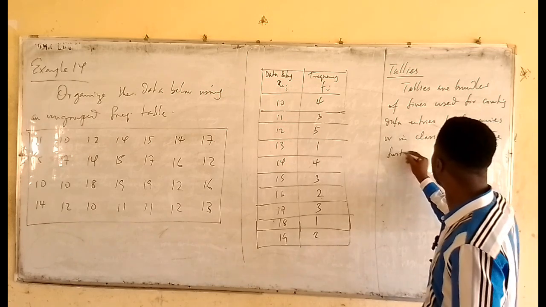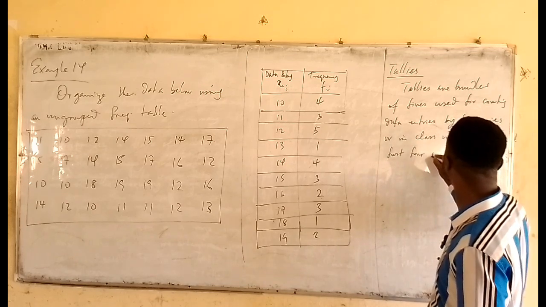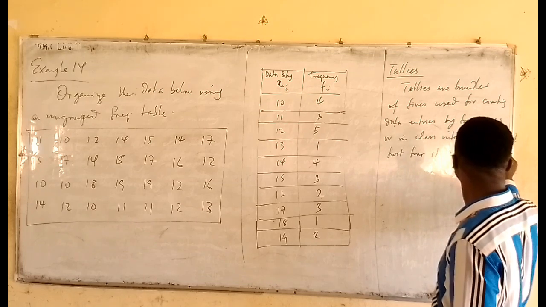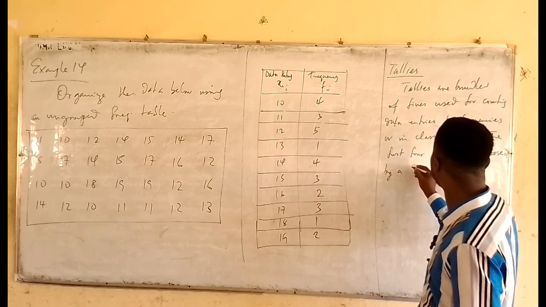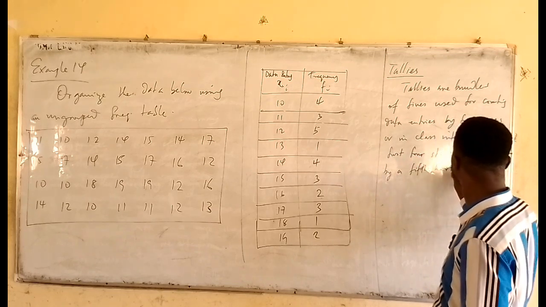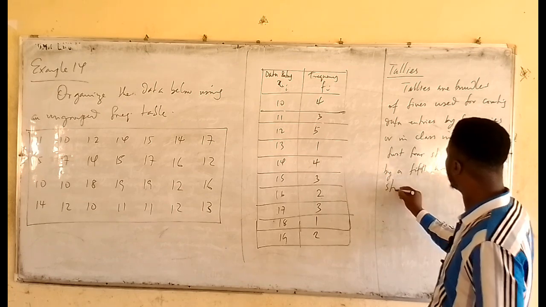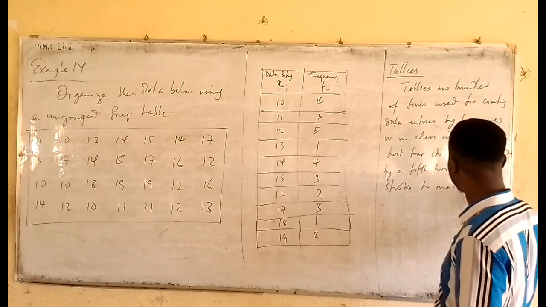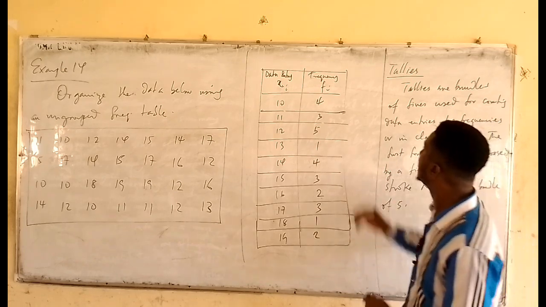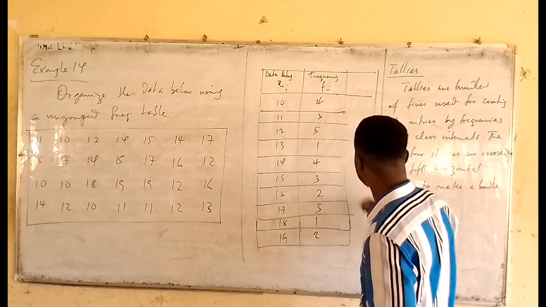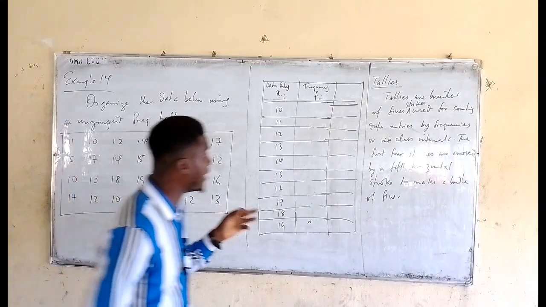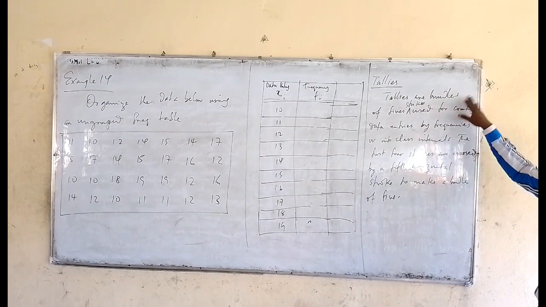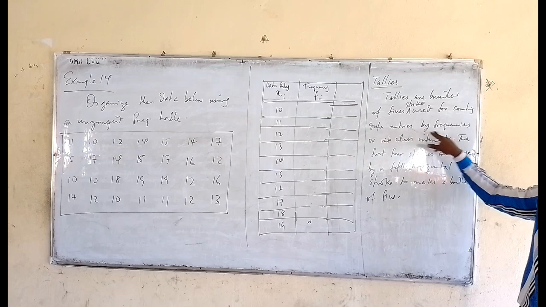The first 4 strokes are crossed by a 5th horizontal stroke to make a bundle of 5. So my class ends here with this summary. Now please look up, everybody. This is where we are going to round up. Tallies are bundles of 5 strokes used for counting data entries by frequency.